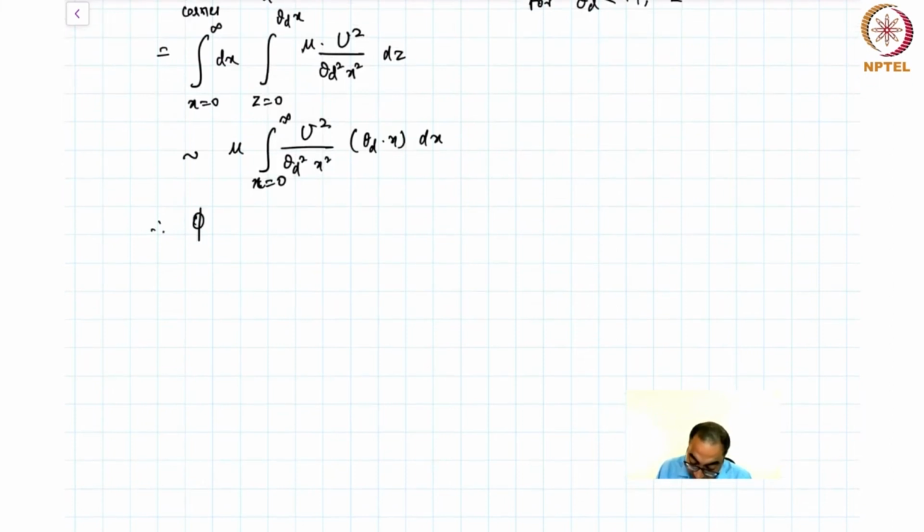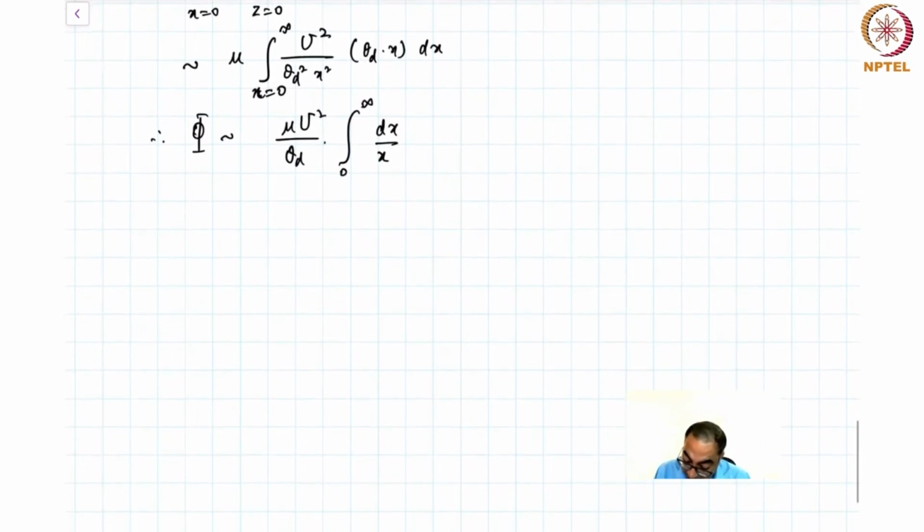And therefore my dissipation essentially will be mu U square by theta d, integral from 0 to infinity of dx by x. Okay. Now this integral that we have here, we have to truncate it because it diverges at both ends. So we'll have to truncate this integral as follows.